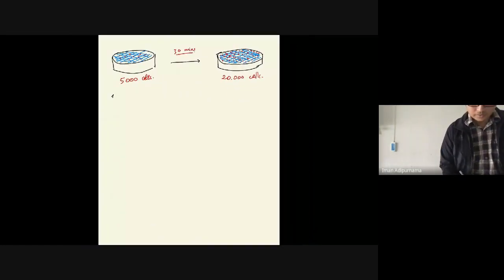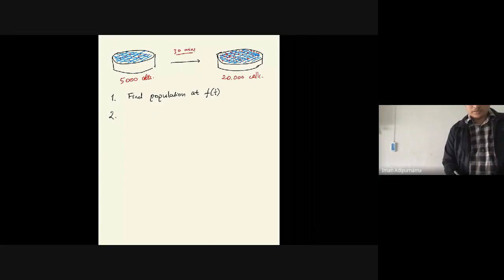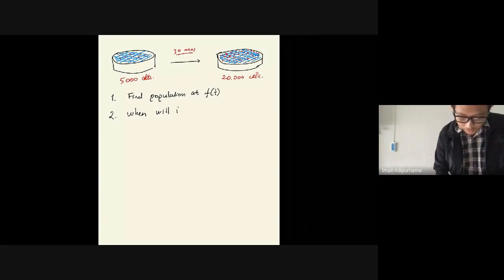Okay, so find the population function. So you need to find the function. Number 2, when will it be 100,000?